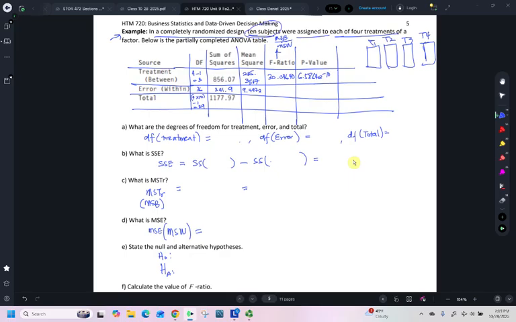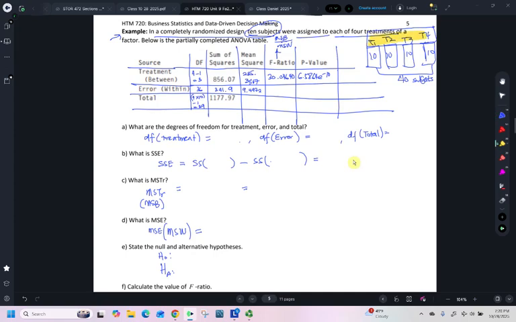Well, if we assign 10 subjects to each treatment, then at the end of the day, how many subjects do we have? We have 40 subjects here for 4 treatments, just to be clear.